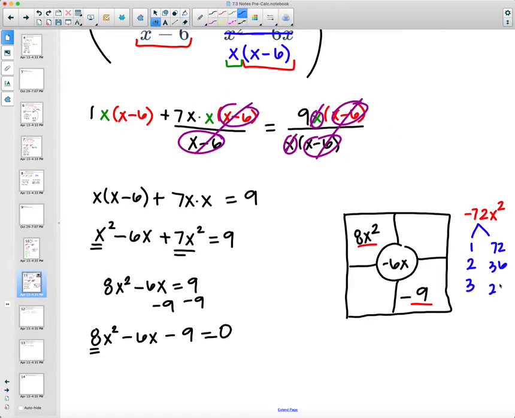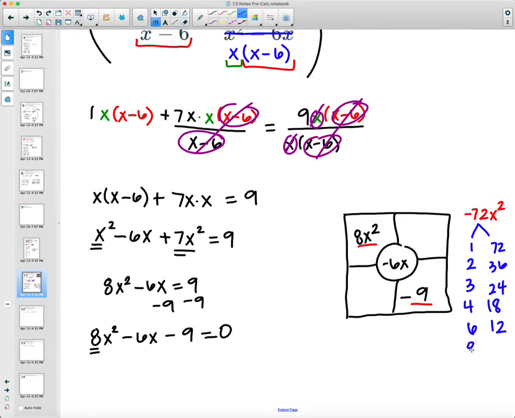Sorry. Okay, see if 4 goes in there. So 72 divided by 4 is 18. 5 wouldn't go in there. 6 times 12. And 7 times... nope, 8 times 9, sorry.